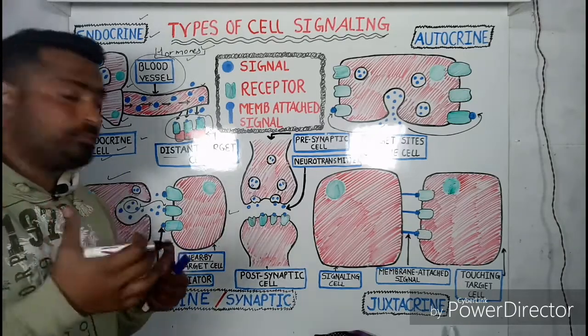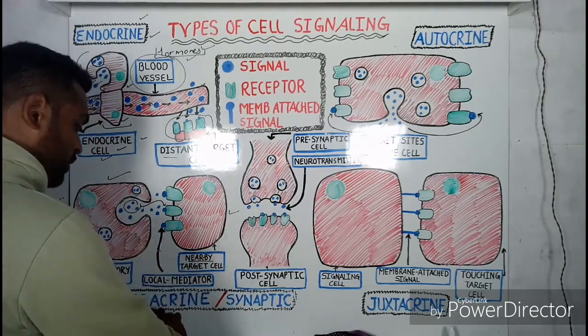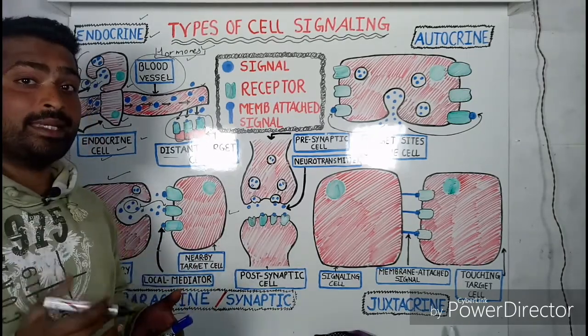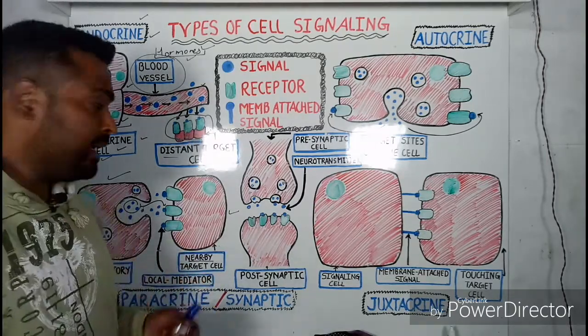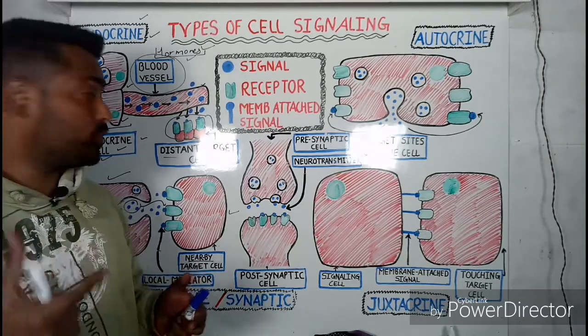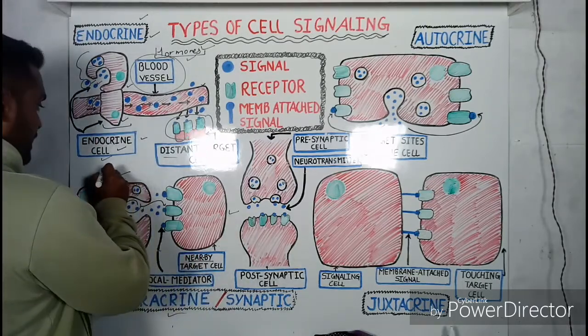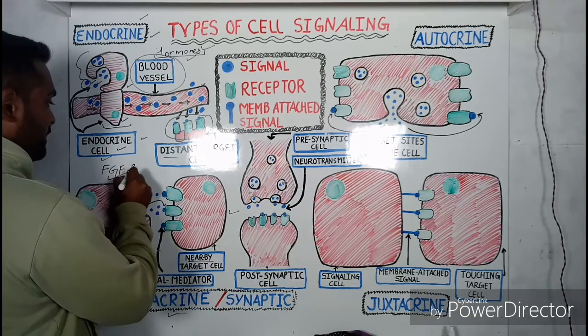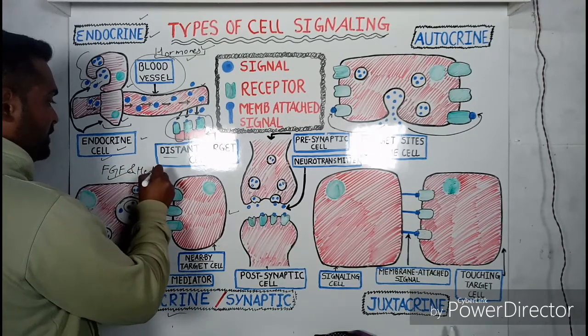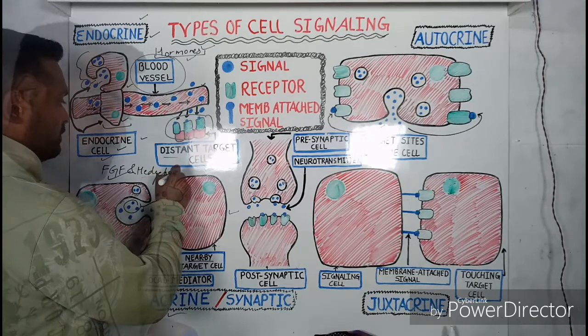The main point of paracrine signaling is that the distance between these two cells is very small, and this signaling is shown by fibroblast growth factor and hedgehog family proteins.